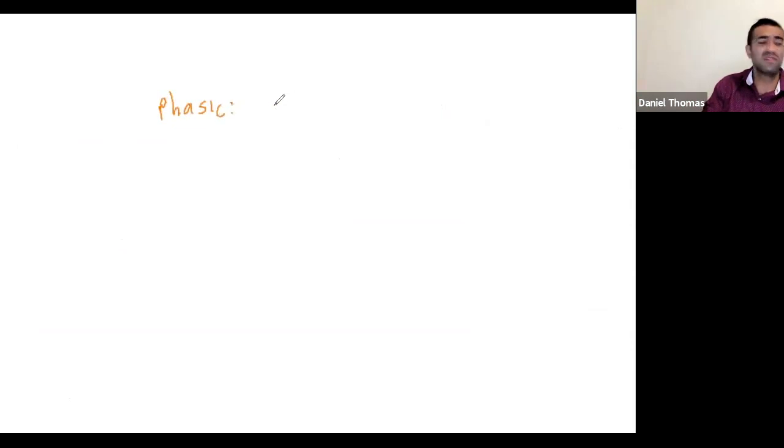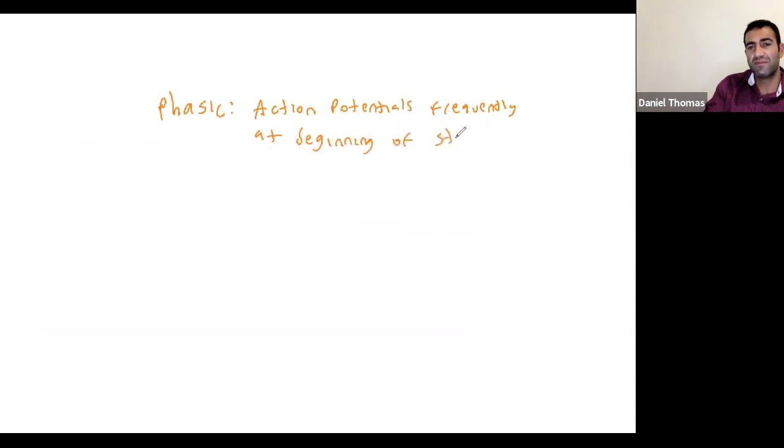A phasic neuron is going to trigger action potentials frequently at the beginning of a stimulus, or if the stimulus changes.